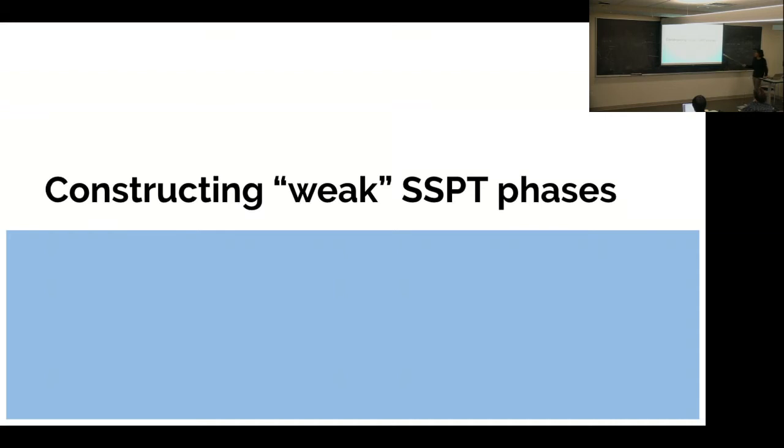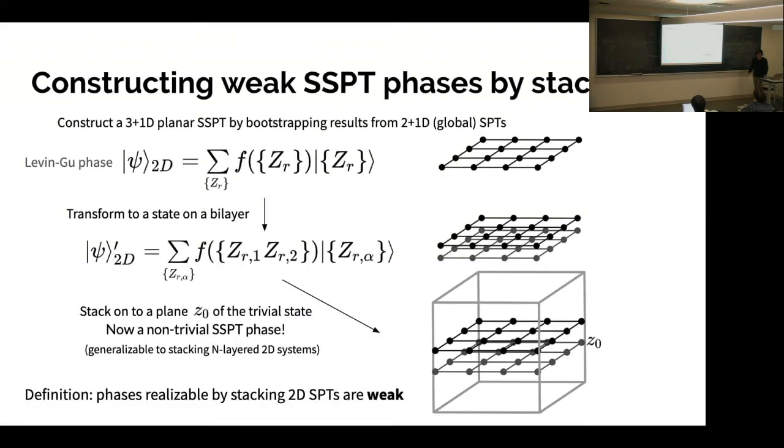Okay. So let me now show you how to construct non-trivial weak SSPTs. And the way I'm doing this is by bootstrapping results from lower dimensions. So suppose you have a 2D regular SPT, a global SPT, on the square lattice.